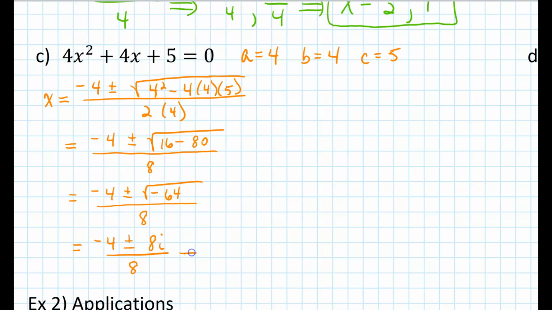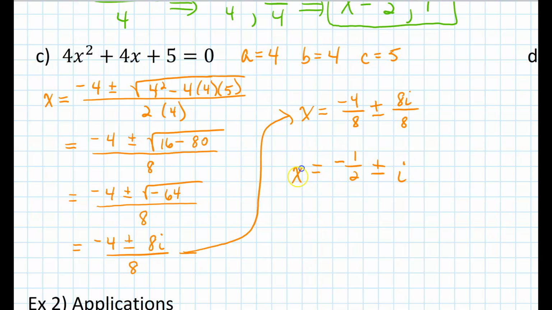So I'm going to go ahead and split this here. So x is equal to negative 4 over 8 plus or minus 8i over 8. Can we reduce anything? Negative 4 over 8 is negative 1/2 plus or minus what's left over with our 8i over 8? Just i. And there's our two answers.